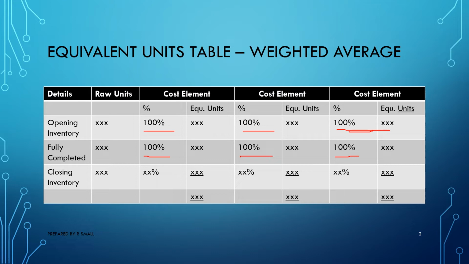However, for closing, you have to remember that those are partially completed. So when you calculate your equivalent units, here you have a total. This is a total that I previously referred to in another video that you are going to use to help you calculate your cost per equivalent unit.